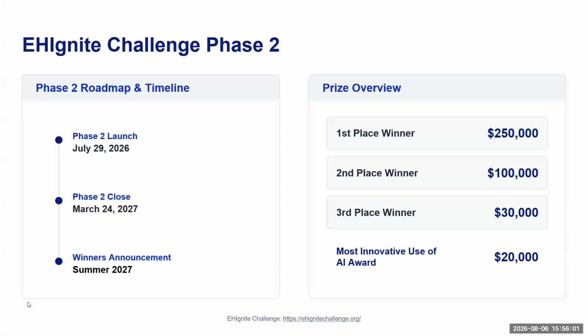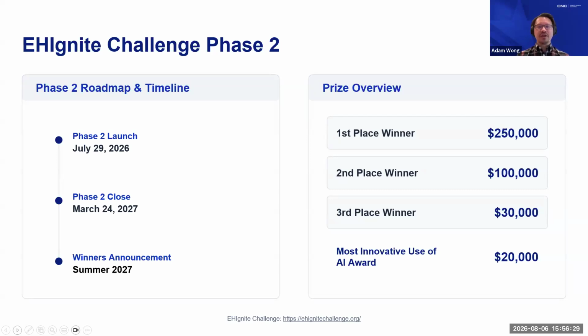All right. Thank you so much to all of our presenters this afternoon. Again, congratulations to the Phase 1 winners. We are really looking forward to seeing these final products in action next year. Phase 2 launched just last week, and will close at the end of next March, with winners to be announced in the May-June timeframe of early next summer.